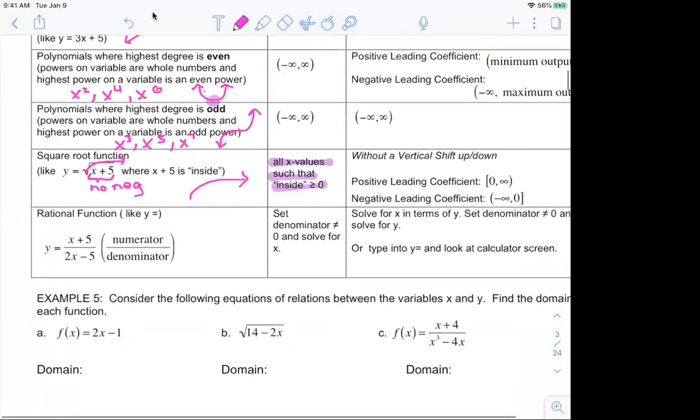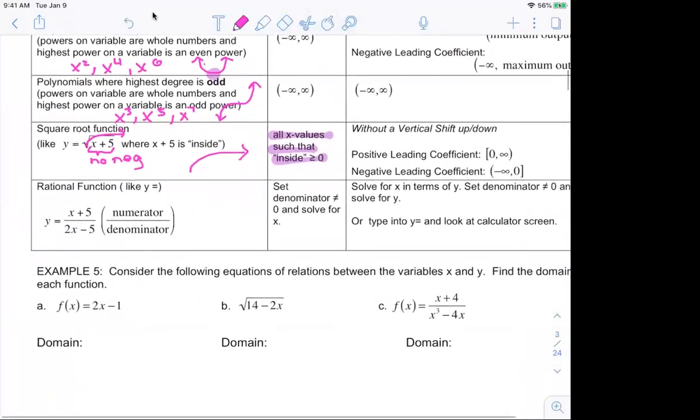And then rational functions, these are rational functions. They have a fraction. That's what a rational function is. And there's an x in the numerator and the denominator. You have to set the denominator, because you can't have 0.